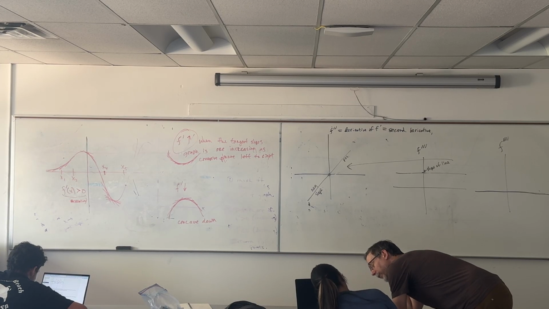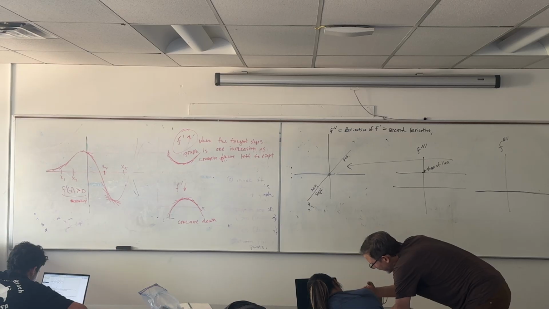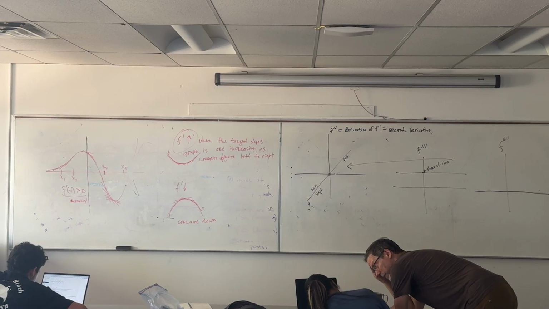Oh, this one's kind of tricky. Addie and I were working on this one. You're looking for the place where the tangent slope is the steepest. So where would be some possible places for that? Where's the tangent slope positive? Here, but also here as well.